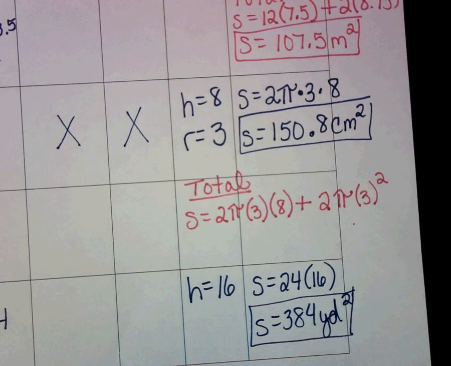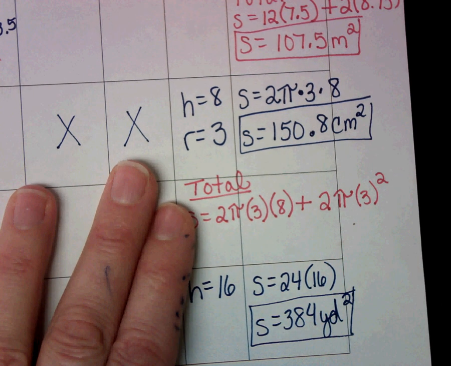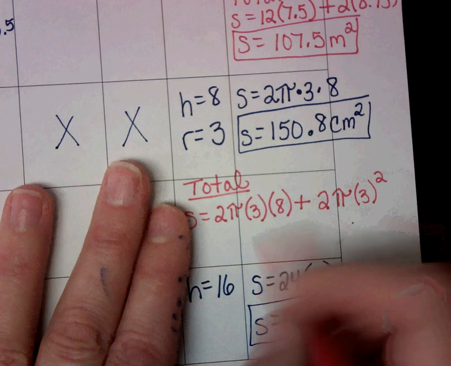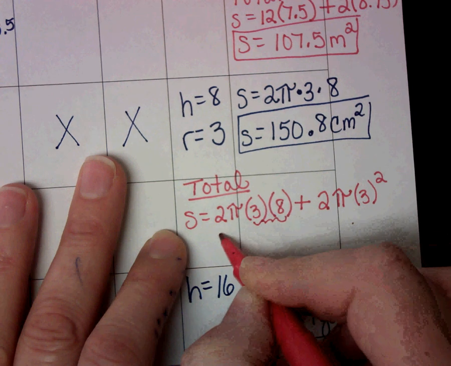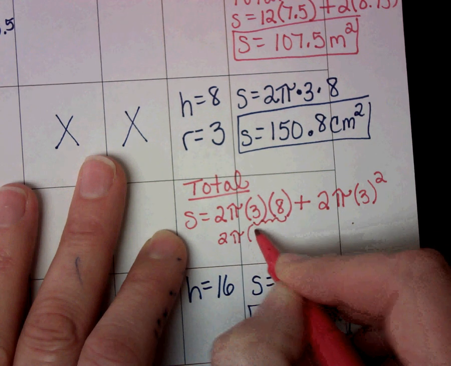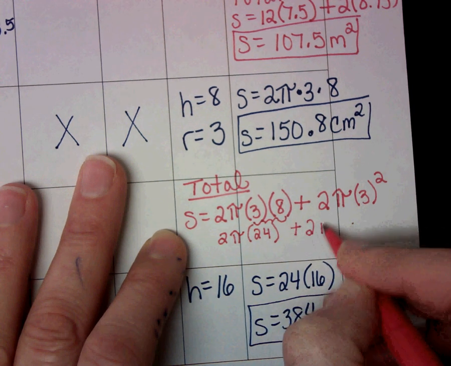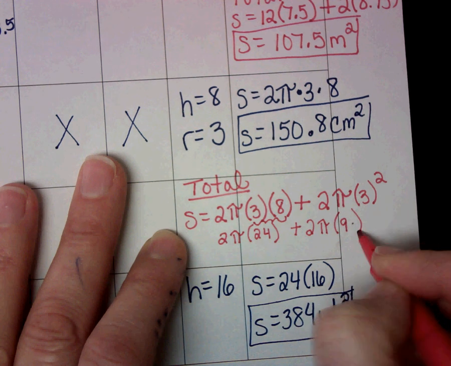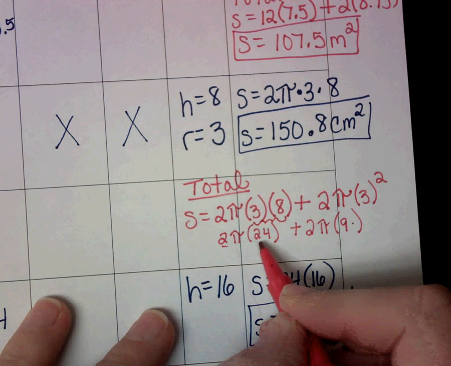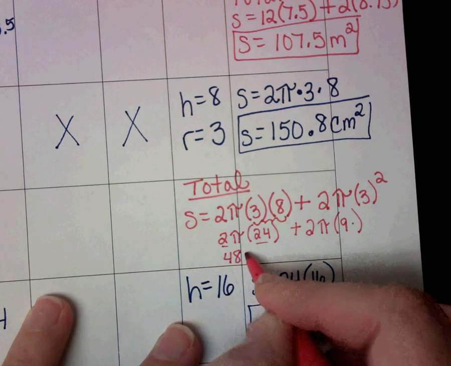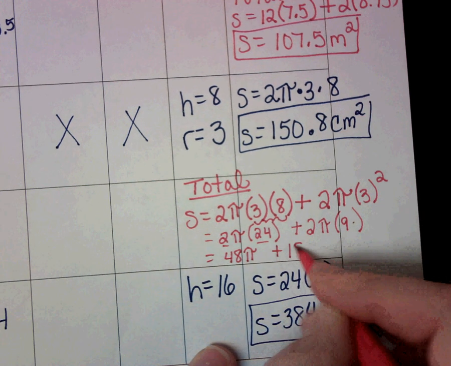Now again, you can take this exactly like it is and plug it straight into your calculator. Or if you want to simplify a little bit, because you can do the math, you can do 3 times 8. 3 times 8 is 24. You could do 3 squared if you trust yourself, which would be 9. You can now plug that in if you want. Or you could even go further. You could do 2 times 24 is 48 pi. 2 times 9 is 18 pi.